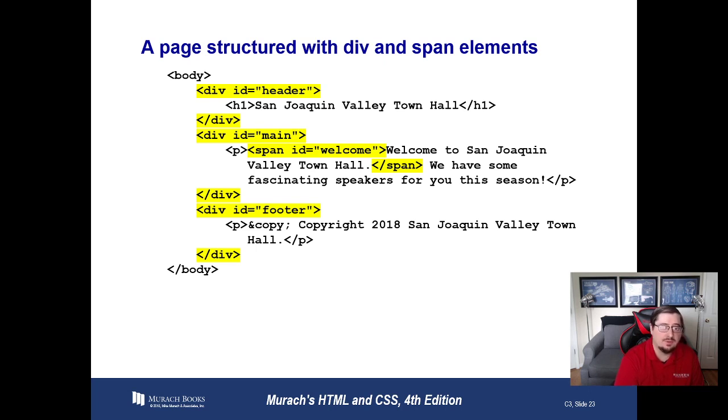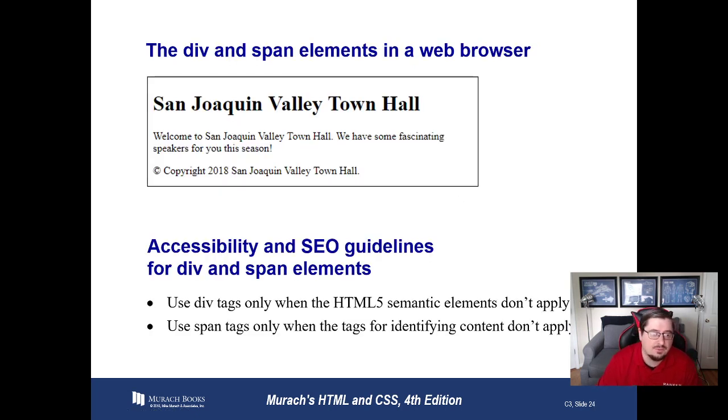where they are relevant. Okay, so here we're giving ID header, ID main, ID footer. That's good, but I would still make this a header tag and a main tag and a footer tag, even if I'm applying those IDs as well. Okay, then inside of here, I've got a span with ID equal to welcome, so I could refer to that.